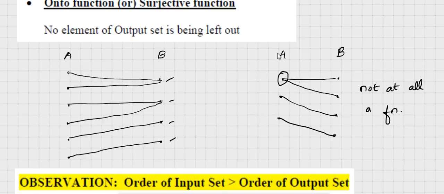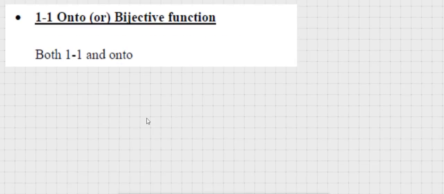Okay, next one we are going to see is one-to-one and onto function. One-to-one and onto function means it satisfies both the conditions of one-to-one as well as onto. So let us see the example. I am just going to define a function which is both one-to-one as well as onto.